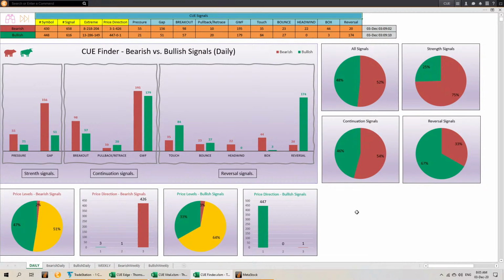Let's go back to the weekly overall view. This overall view is important because it tells us for your specific trading universe how the market is looking. It is not based on market ETF study or market futures study.